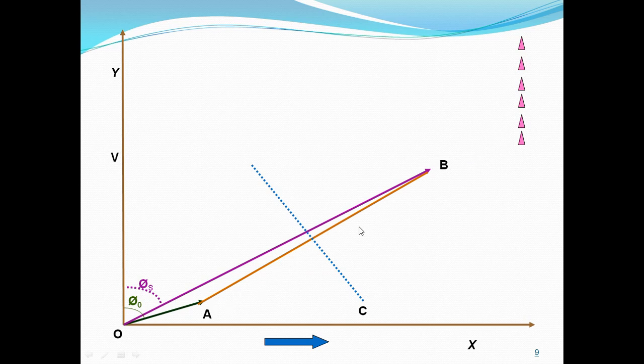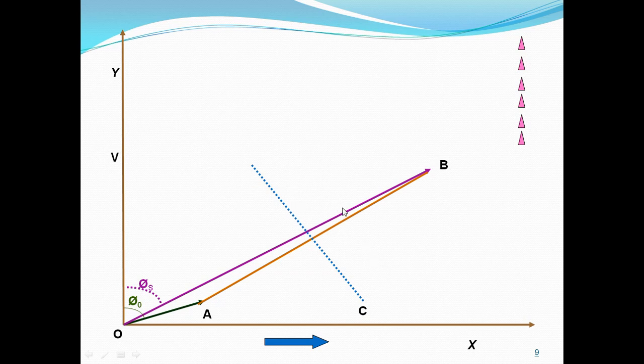After joining A and B, bisect the line AB. That is the dotted line. How can you bisect the line? Take a compass with a radius of more than half of AB and, taking A as the center point, draw two arcs on both sides of the line AB.